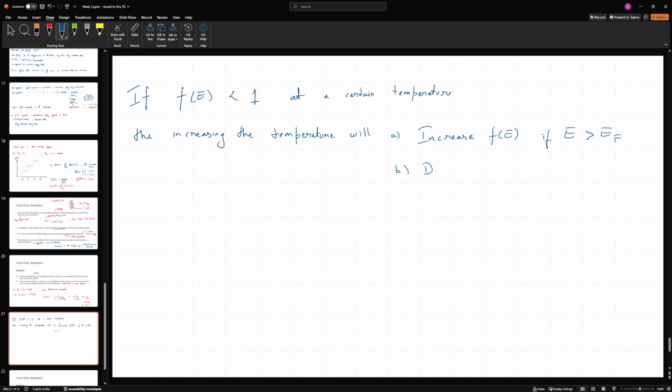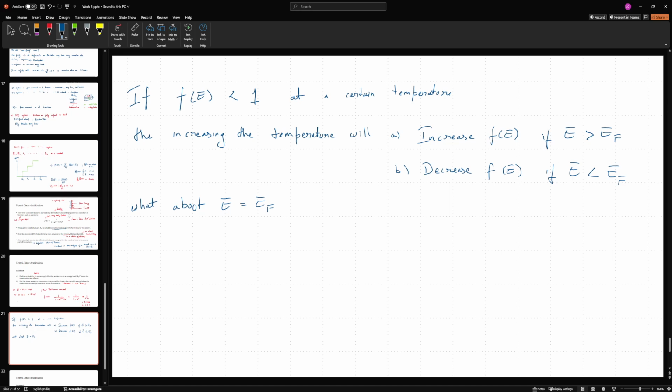B, it will decrease f of E if E is less than EF. What about E equals EF? Like I'm telling that if the temperature is increased, f of E will increase for E greater than EF. It will decrease for E less than EF.